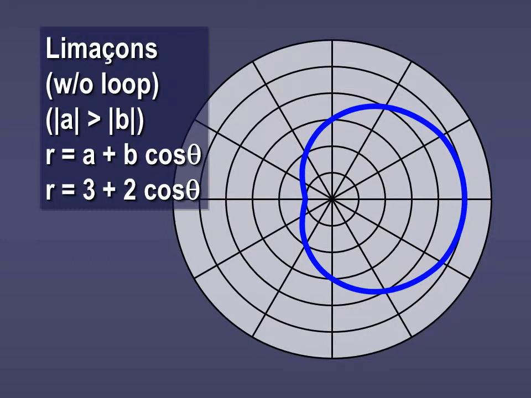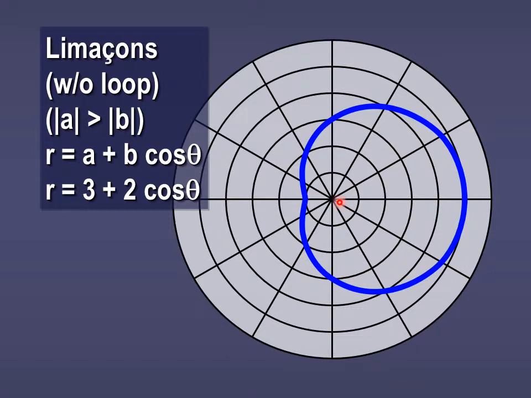So notice it's still more of a cardioid, but this limaçon is not on the origin. I think that's the huge takeaway there, is that your limaçon is not going to be on the origin. It's going to be out. So you're going to pull it out, and that's where your heart's going to come to.